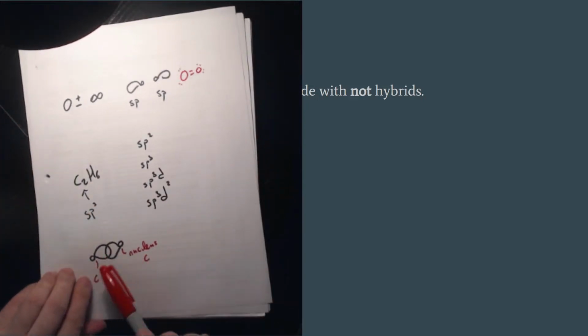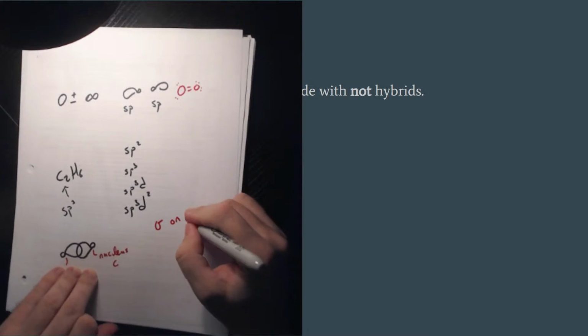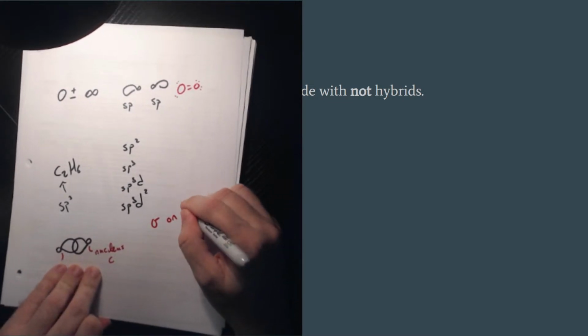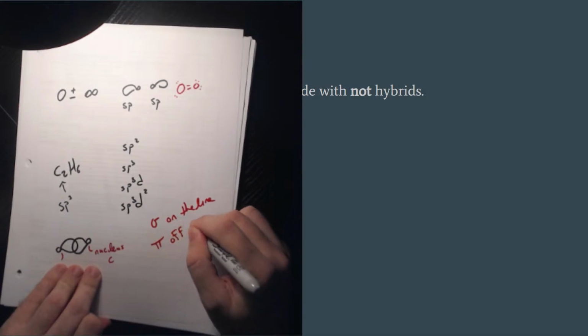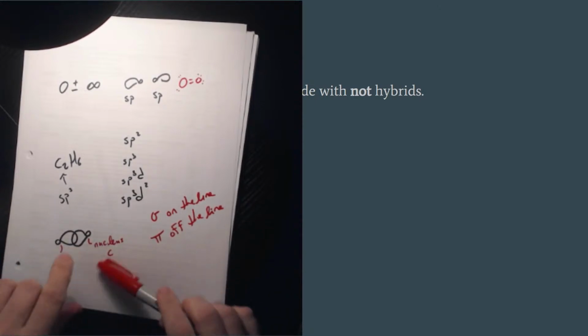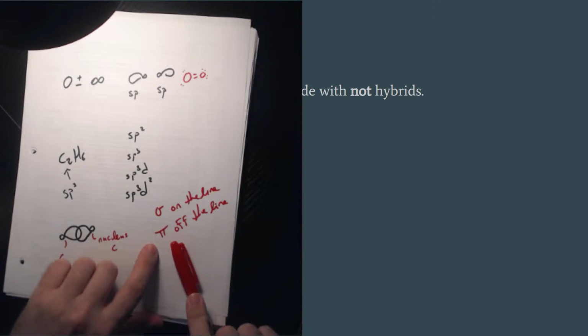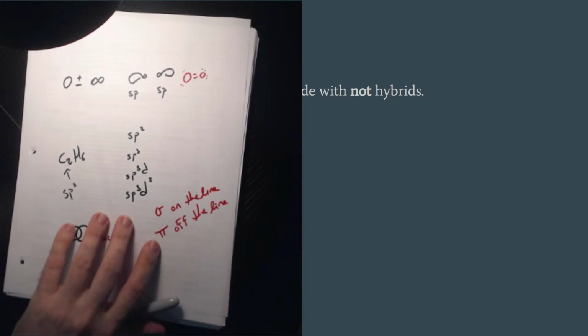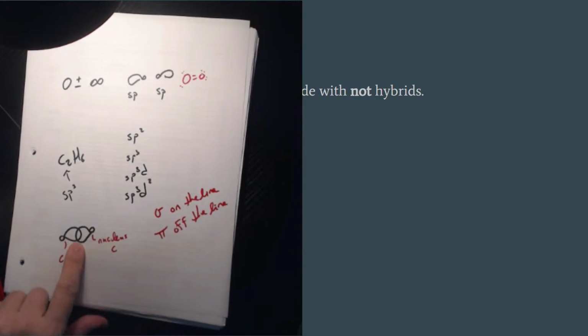So all of our sigma bonds will lie directly on the line between the two atoms. And pi bonds will always be off of that line. They will not lie directly on the line between the nuclei.